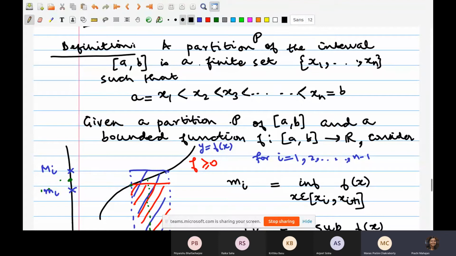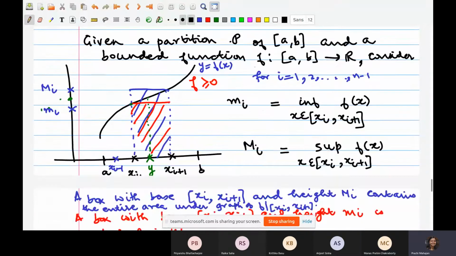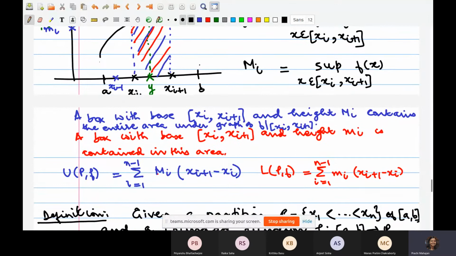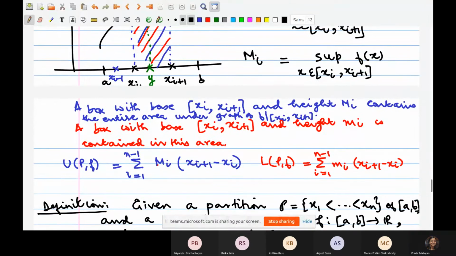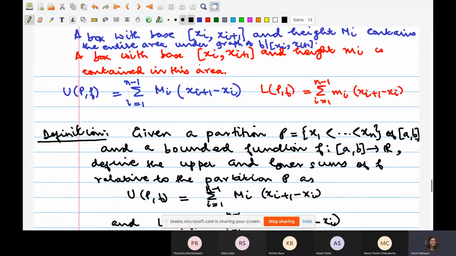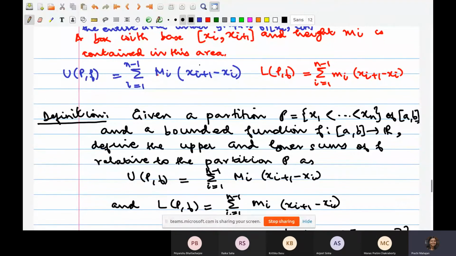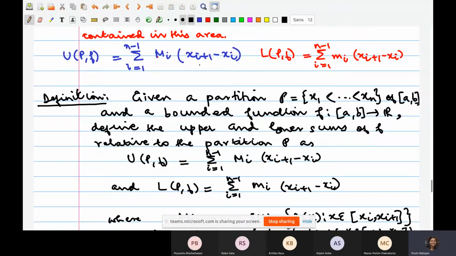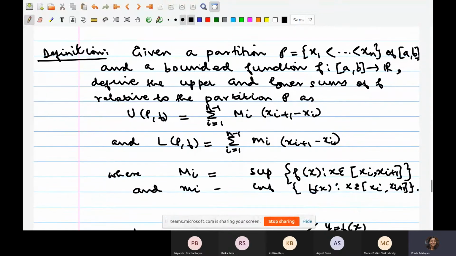So just quickly recall what we did last time. We defined what is the meaning of a partition of an interval, and for a bounded function defined on a closed and bounded interval [a,b], we defined the lower and upper sum of this function f relative to a fixed partition of the interval [a,b] in the following manner.